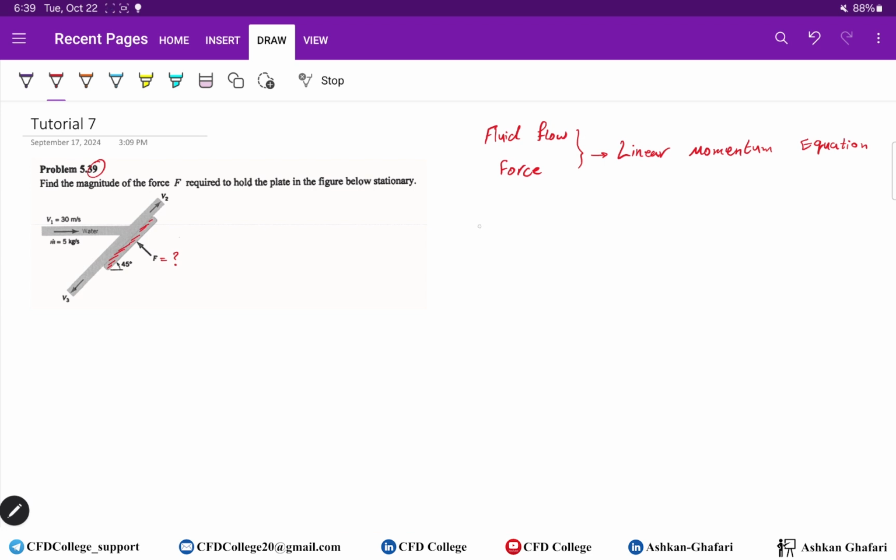This is the linear momentum equation. The summation of forces should be equal to the change of momentum inside the control volume in time. So rho V dV, this is volume, this is velocity, plus the exchange of momentum through control surfaces. So rho V dot n dA.